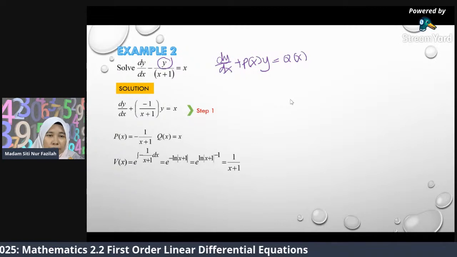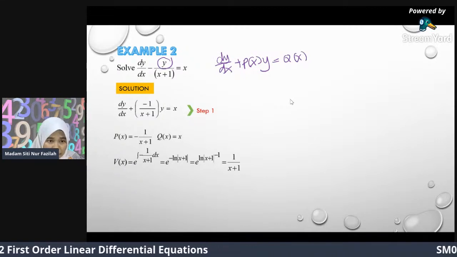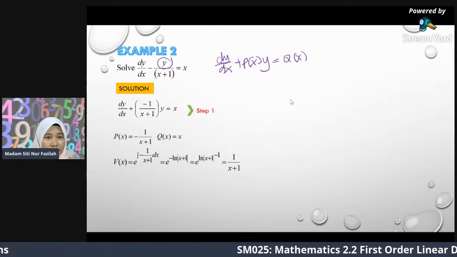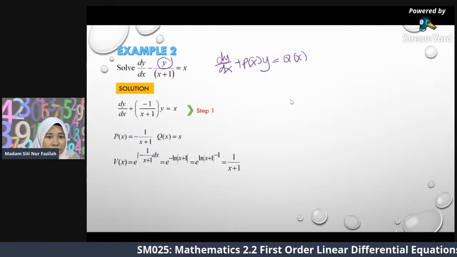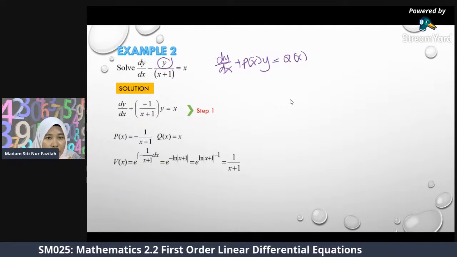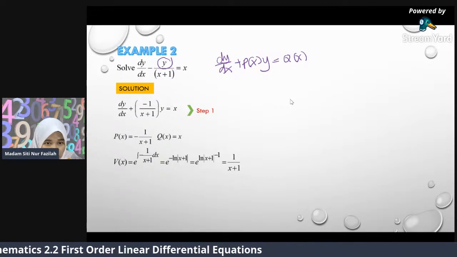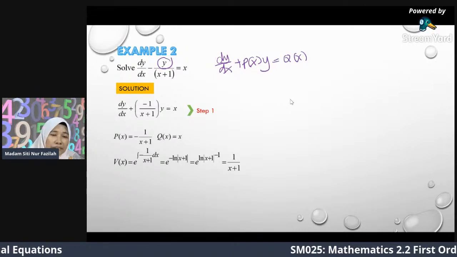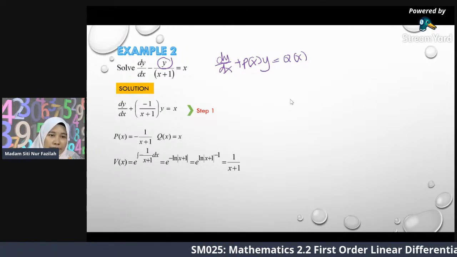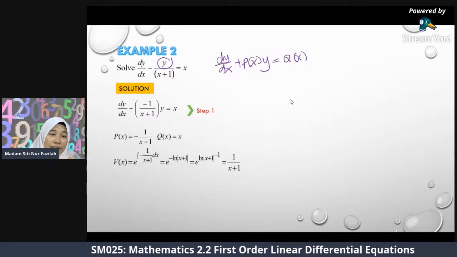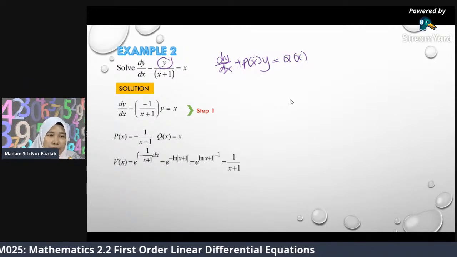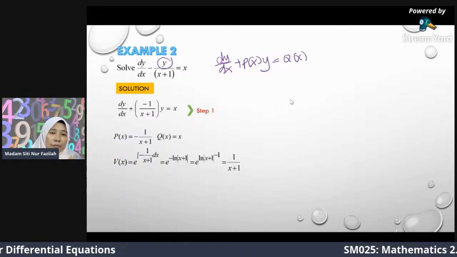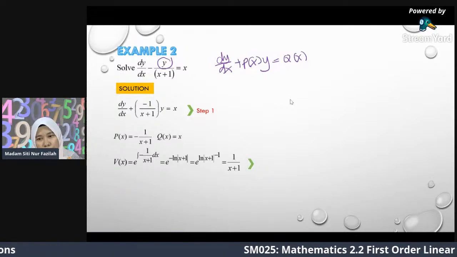We get exponent of negative ln absolute value of x plus 1, which is x plus 1 to the power of negative 1. Simplifying the exponent of ln, the answer for Vx is 1 over x plus 1. We have settled step 2.